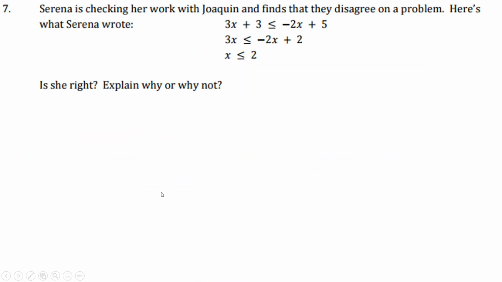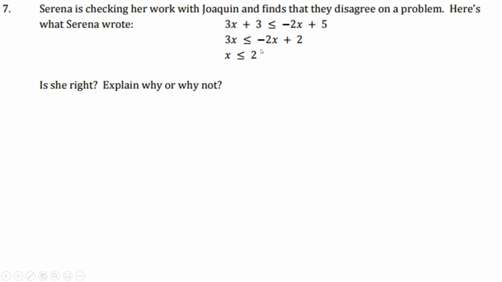Okay, number 7. Serena is checking her work with Joaquin and finds that they disagree on a problem. Here's what Serena wrote. And apparently Joaquin disagrees with this. So let's take a look. Serena started with the inequality 3x plus 3 is less than or equal to negative 2x plus 5. Now, what did she do to get to this second step?